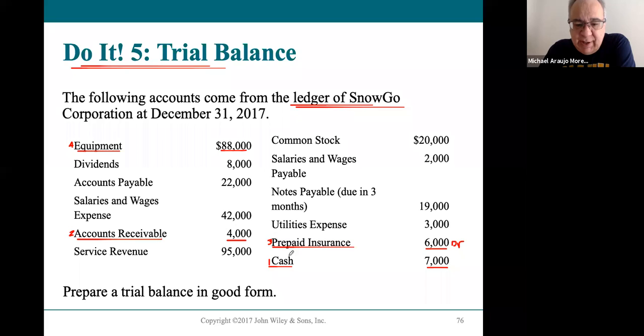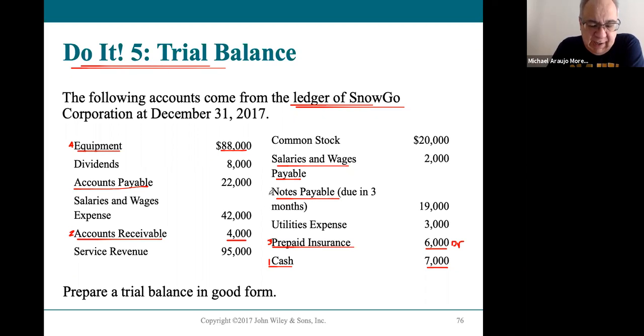So that's the first thing they want you to do. The second thing is to ask what comes next in the ledger, and your liability accounts would come next. You have a bunch of liability accounts: accounts payable, salaries and wages payable, and notes payable. The question would be what order they would be in.